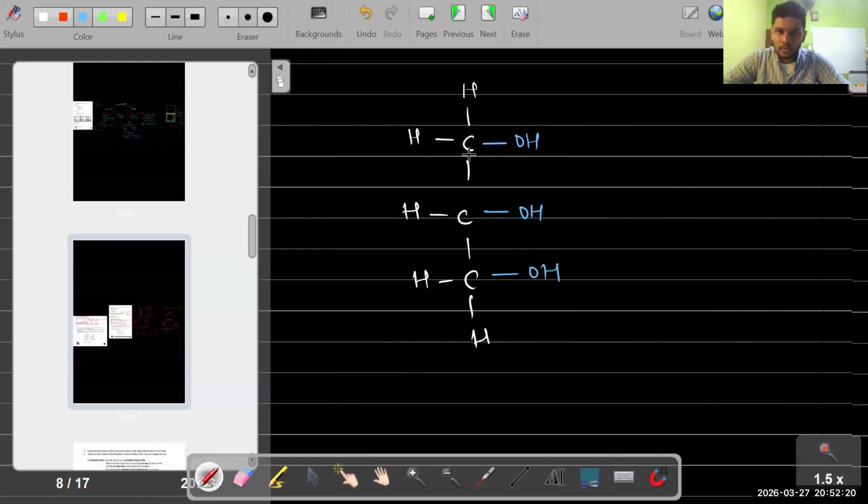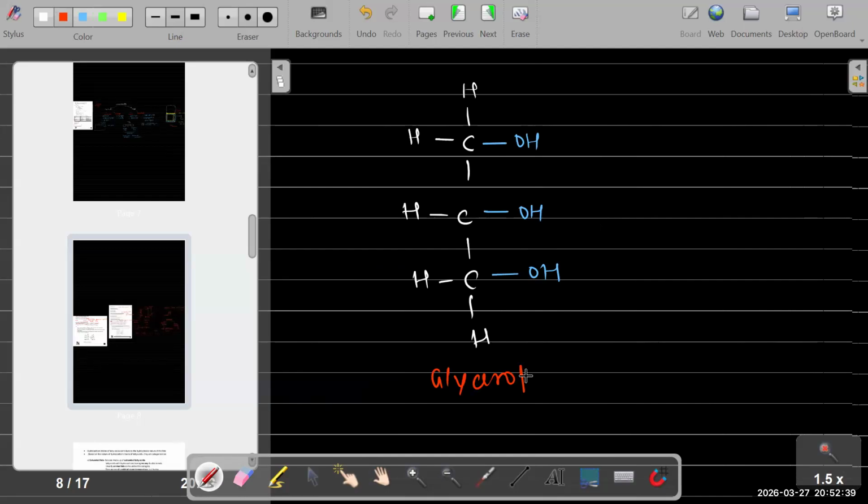Hydroxyl. Now, what is this molecule? This molecule is the one called glycerol. So glycerol has how many carbons? Three. 3 carbons.